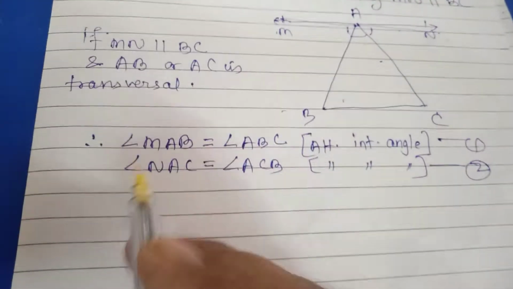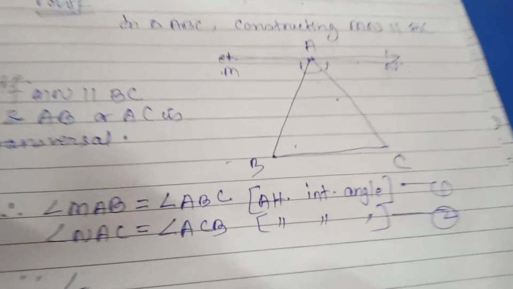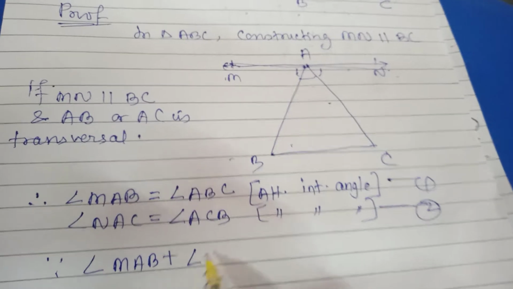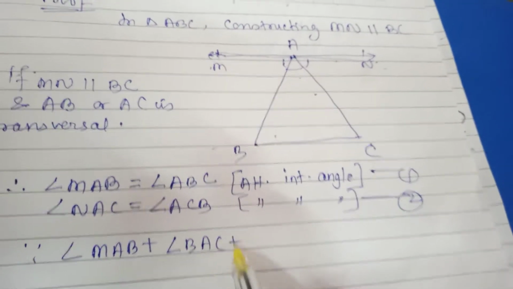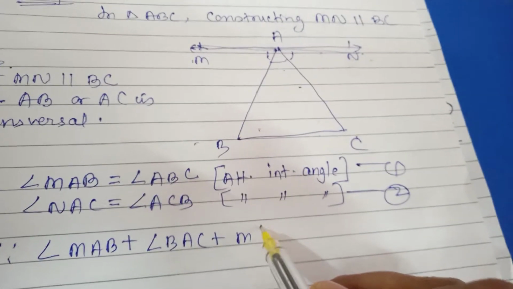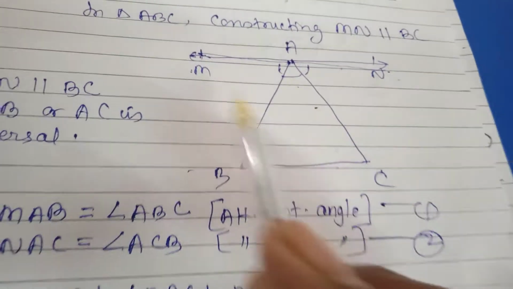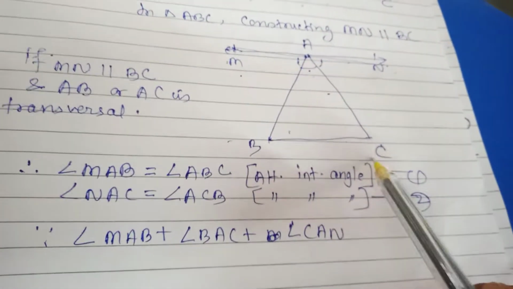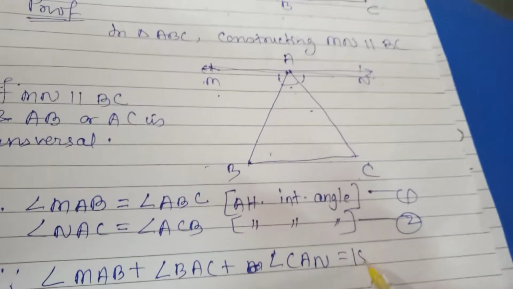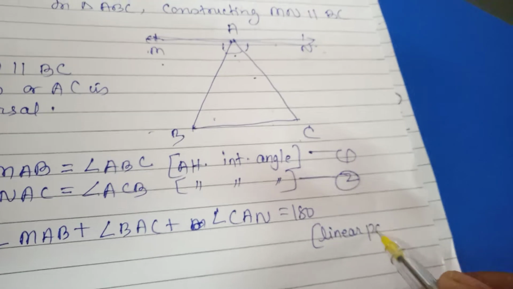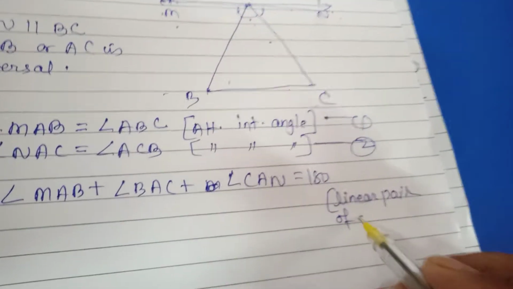So I will write here, since angle MAB plus angle BAC plus angle CAN, MAB, BAC and CAN is equal to 180. What is the reason? Linear pair of angles.